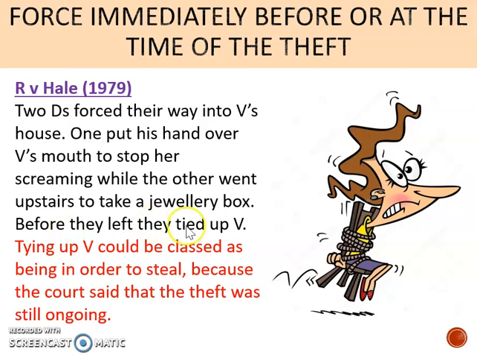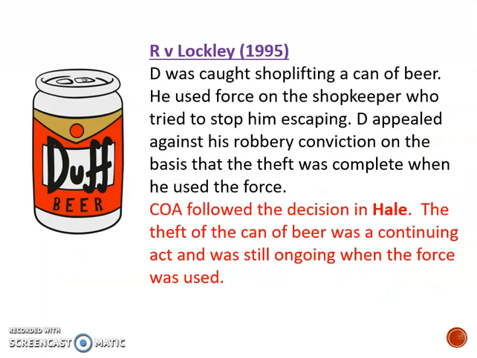So what this means is, if someone steals something and then uses force in order to escape, it can still be classed as a robbery, even though the Act says that the force should be immediately before or at the time of the theft. And that's for a very practical reason that wasn't considered when Section 8 of the Theft Act was being written. Based on this same point was Lockley.